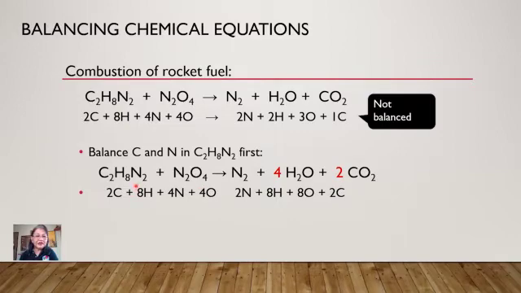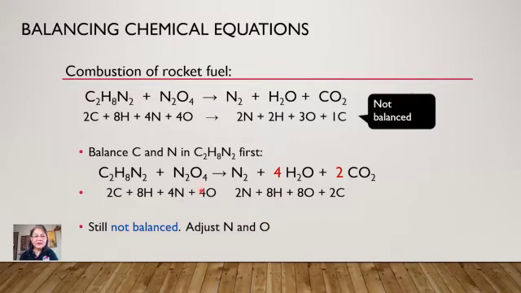Okay, so there are 2 in the first reactant and 2 in the second reactant, a total of 4, while in the product it appears only once and there are 2 of them. So if I place the coefficient 2 before nitrogen, then I would be making the number of nitrogen atoms the same as those in the reactant.